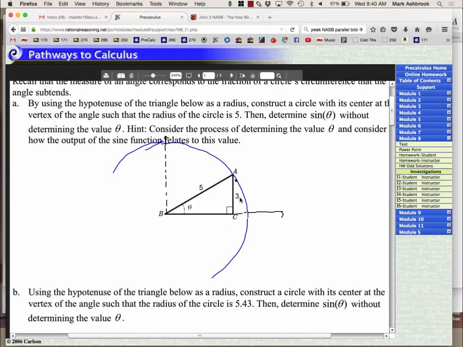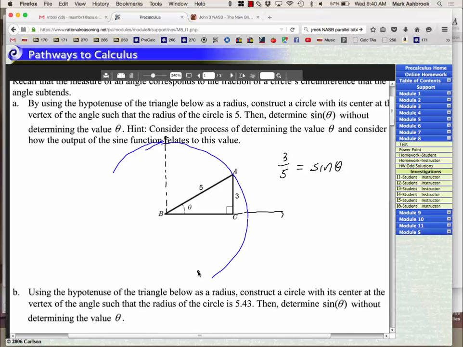How do we express AC as a fraction of the radius? 3 over 5, and that's the same as sine theta. And 3 over 5 is the same as what over what? Opposite over hypotenuse. Is that all they wanted to do for A? Is there any more to A?